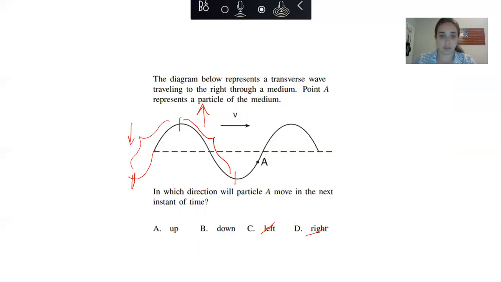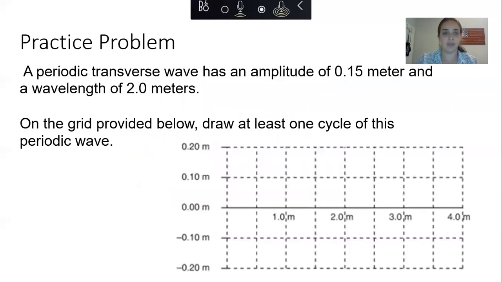Because waves are cyclical or periodic, this part here will behave in the same way that this part here did. So from this crest to this trough, all of the points along this part of the medium are going to be moving downwards. That means my answer is B. Okay, moving along.